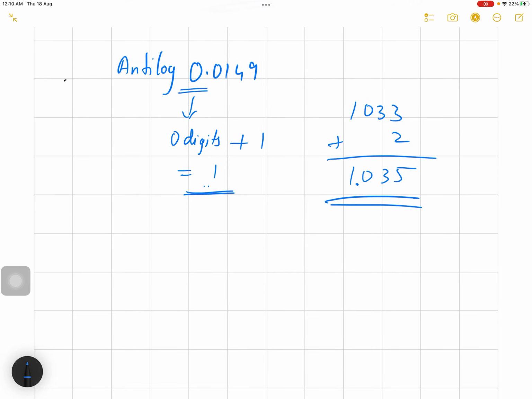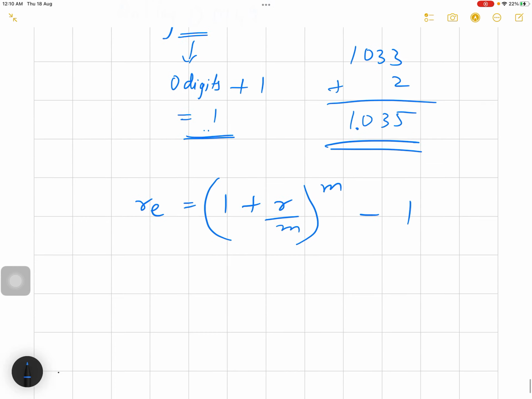The effective rate formula is RE is equal to (1 plus r upon m) raised to m, minus 1.